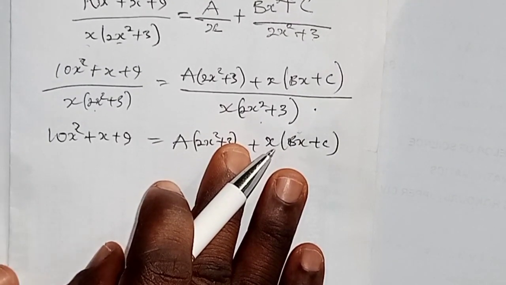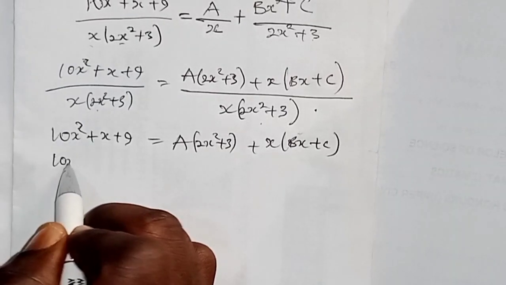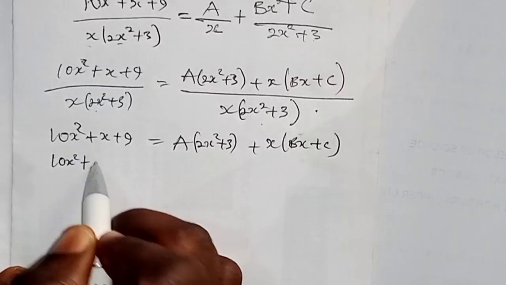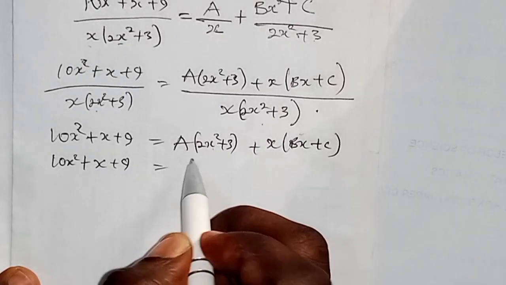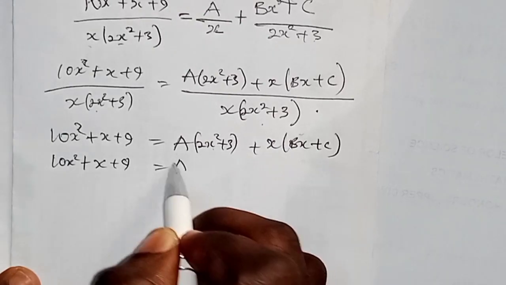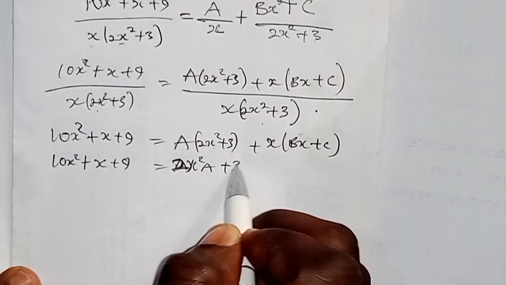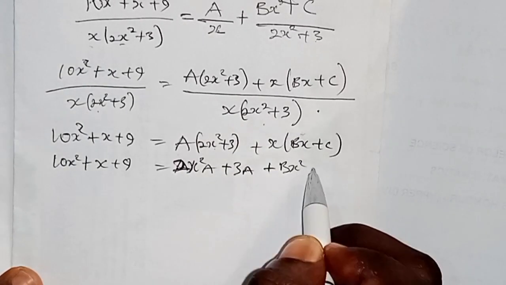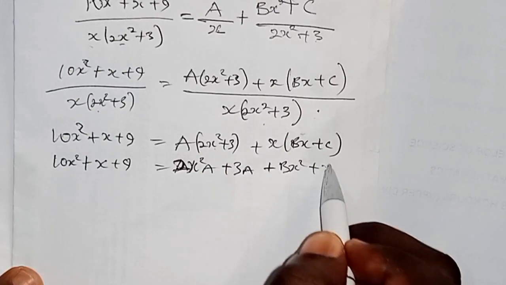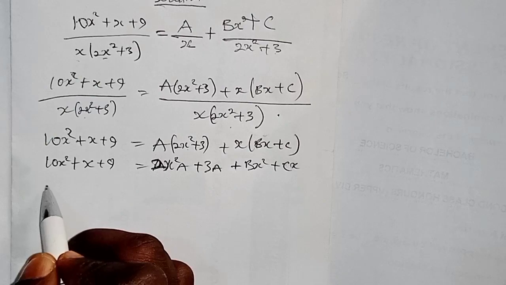What I'm going to do next is open the brackets, and if I multiply through, I will have 2x squared a plus 3a, and then plus bx squared plus cx.